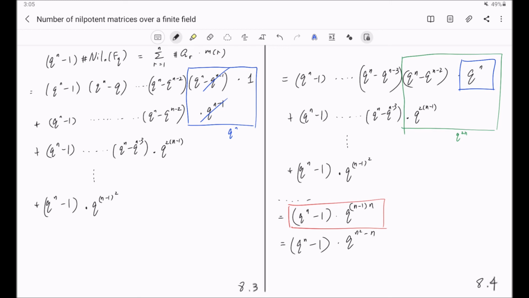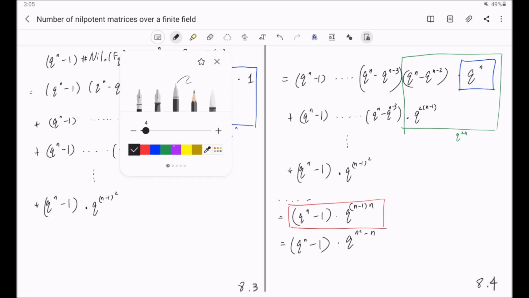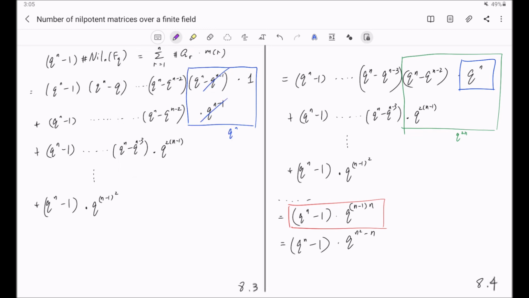And now you divide both sides by q raised to the power n minus 1, which finally gives us the number of nilpotent n by n matrices over Fq equal to q raised to the power n squared minus n. And that is the end of the proof.